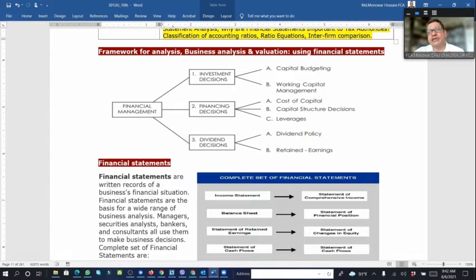And sometimes retained earnings. So what is the retention ratio? We know the dividend payout ratio. If the dividend payout ratio is 70%, then the retention ratio is 30%, because that has to be retained within the organization. So that type of decision is made through the dividend policy.